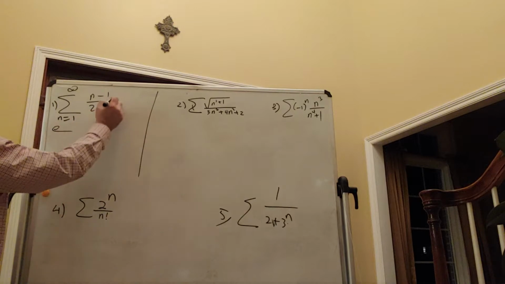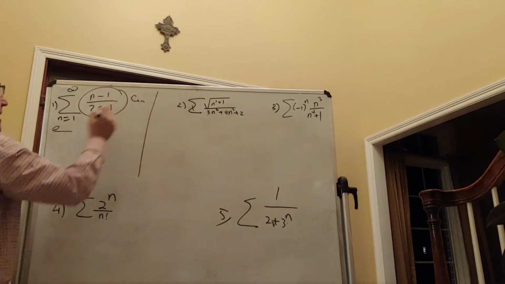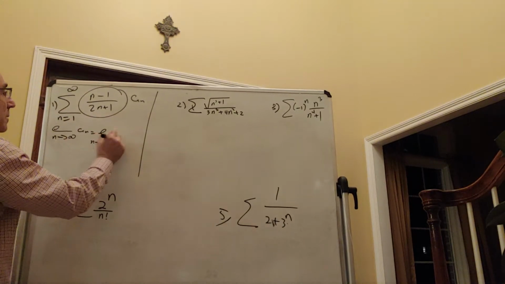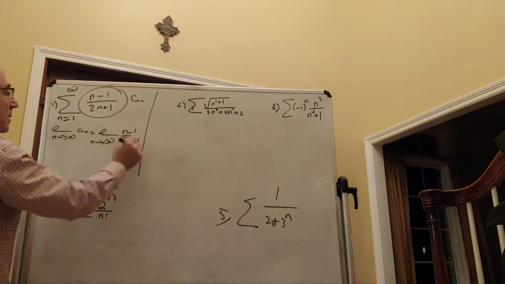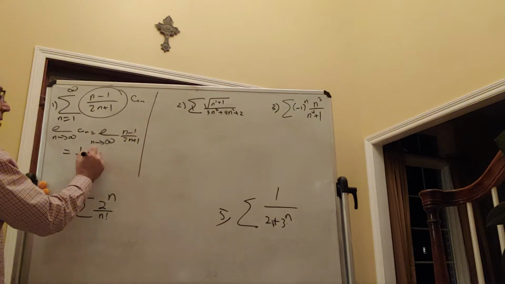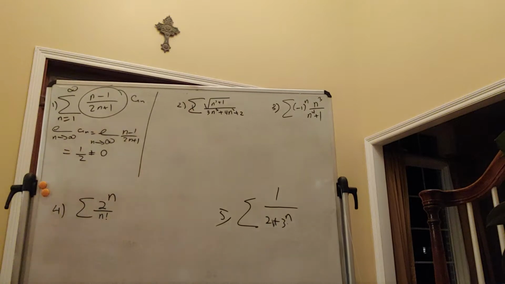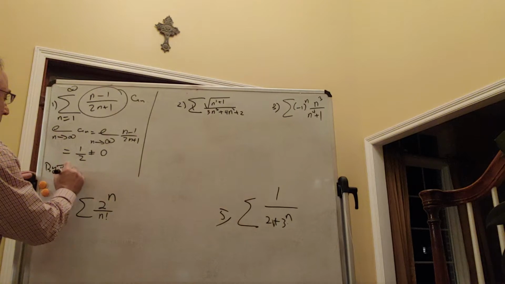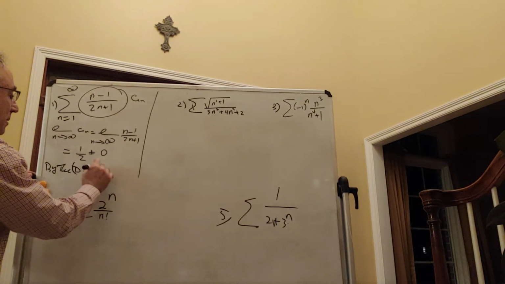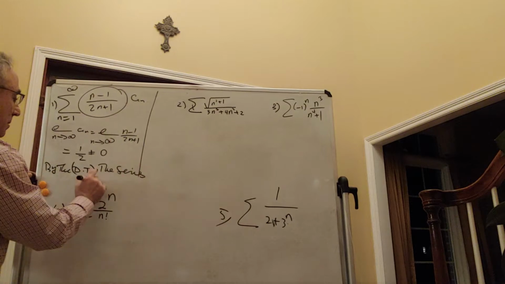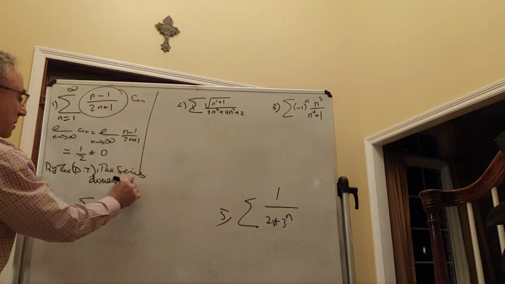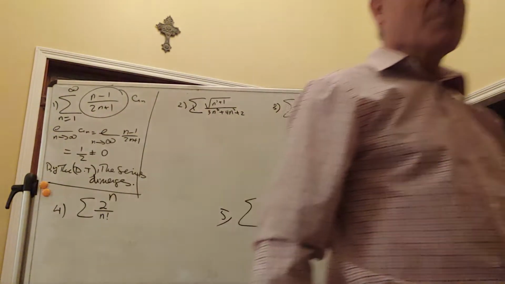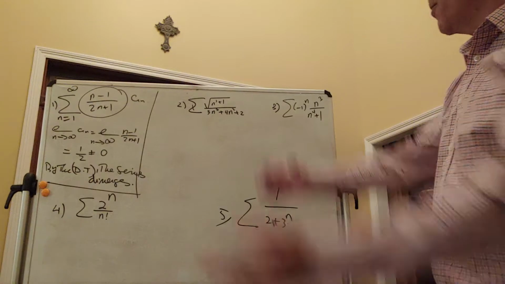If you look at this as a_n, we know this limit is 1/2, and that is different from 0. So what does the divergence test say? By the divergence test, the series diverges. Okay? So the series diverges. There we go.